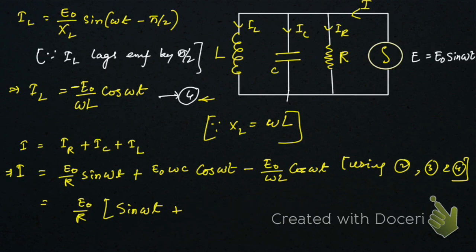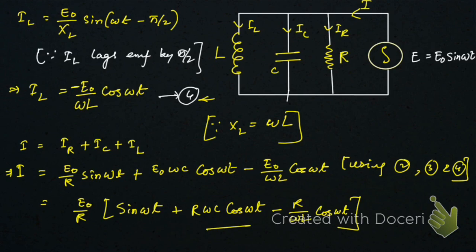So that should be, on taking R common, R omega c cos omega t minus R by omega L cos omega t. That's what we should get, right?